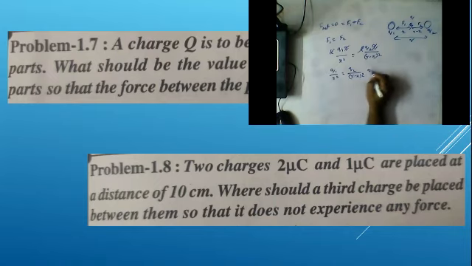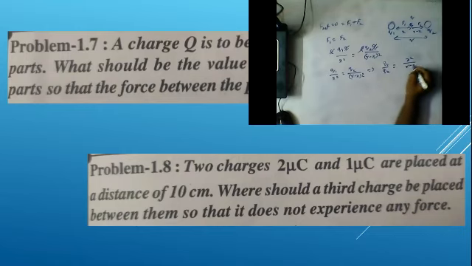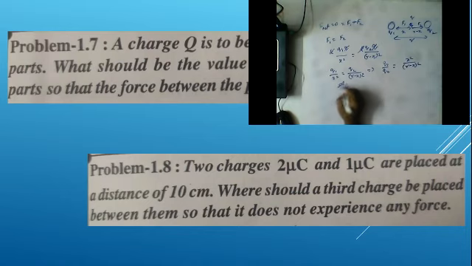Okay, from this, don't multiply directly. I will tell you one more simple logic. We can write q1 by q2 as x square by (r minus x) whole square. So we are applying square root on both sides.